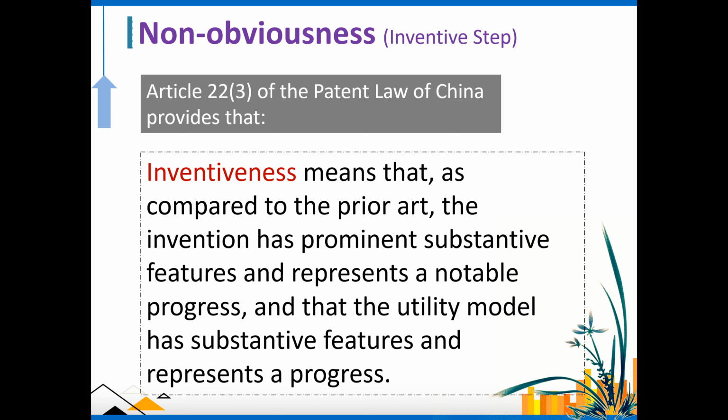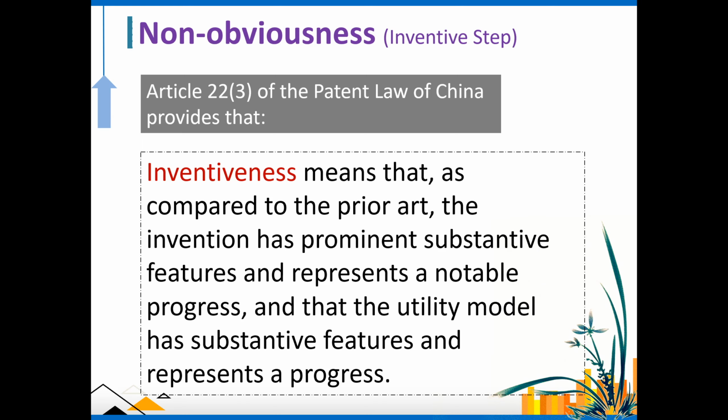For utility models, the requirement is less strict than the one applied to invention patents. For utility models, it merely requires that the application has substantive features and represents a progress. You see the differences.